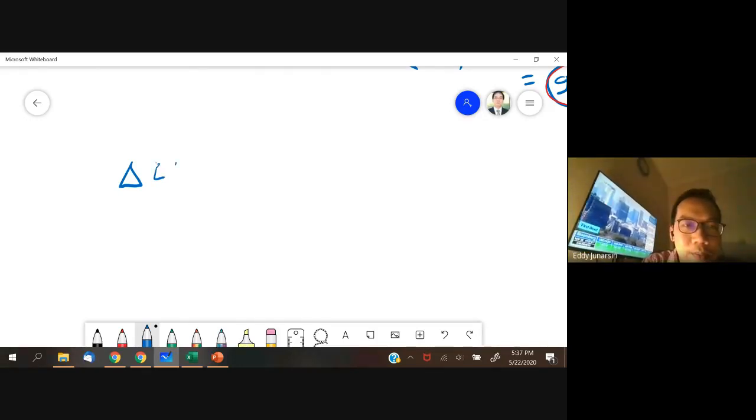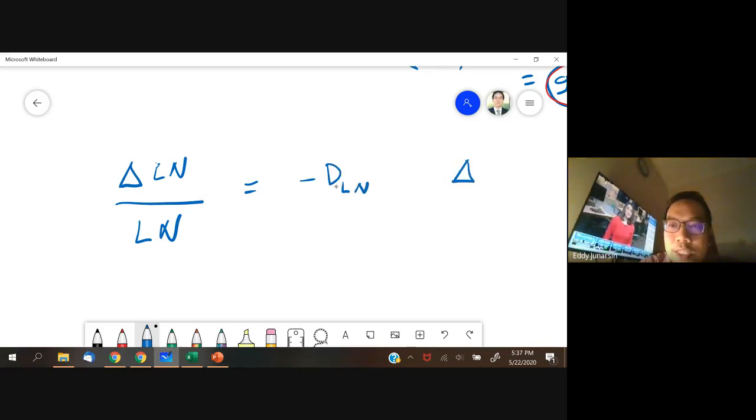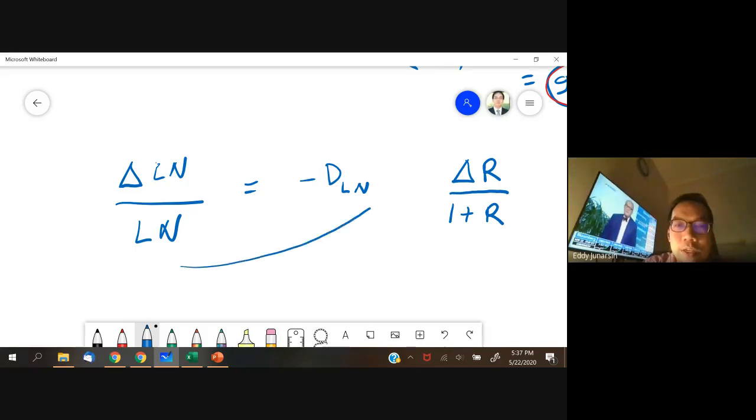Still remember the logic here? So minus duration of the loan multiplied by the change in interest rate that we are concerned about, divided by 1 plus the original interest rate. Okay, and of course you can move it here as usual.